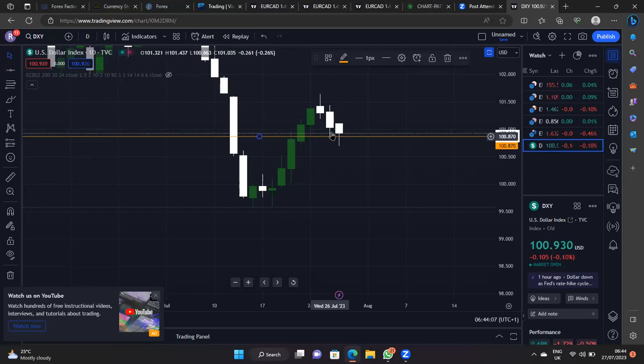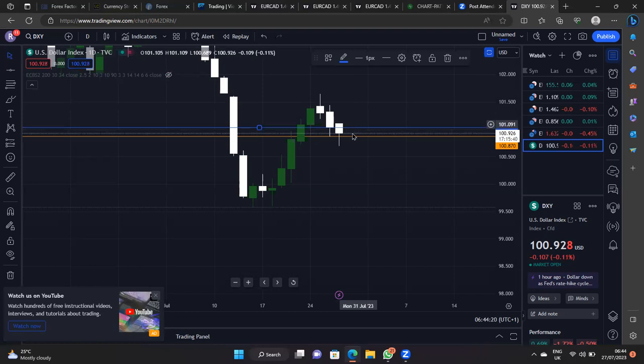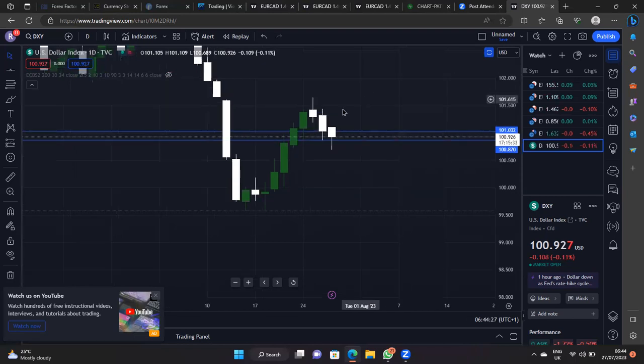I put up my zone below. That's the wick and the body. So I decided to make that blue. Okay, so this is the previous candle for the wick and the body.